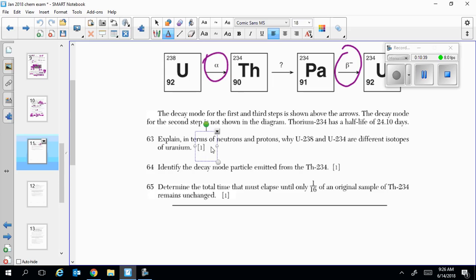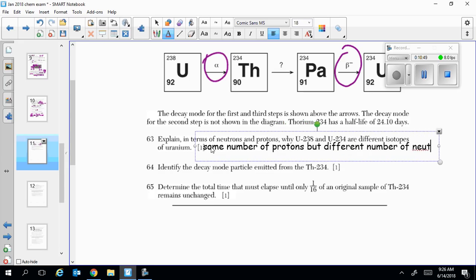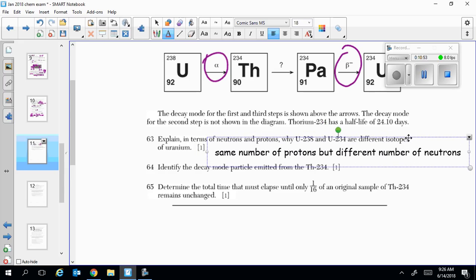They are isotopes because they have the same number of protons, but different numbers of neutrons. That's the definition of an isotope. They're both uranium, so they both have 92 protons, but uranium-238 has 4 more neutrons than uranium-234.